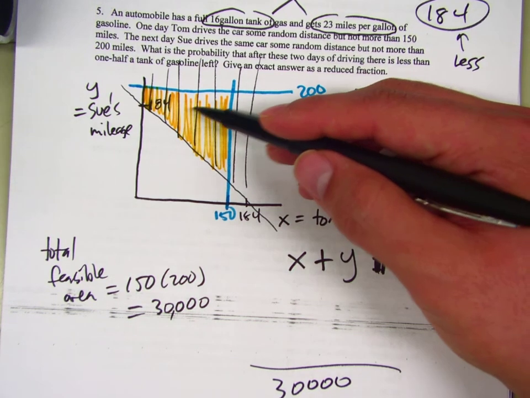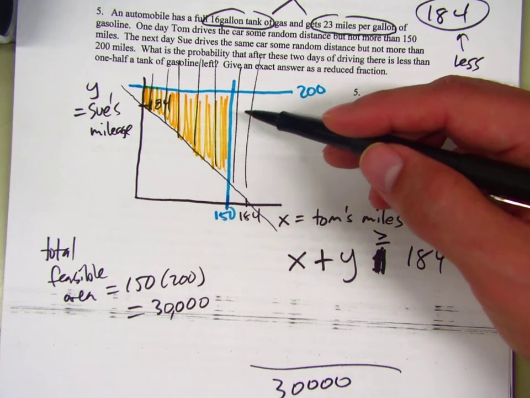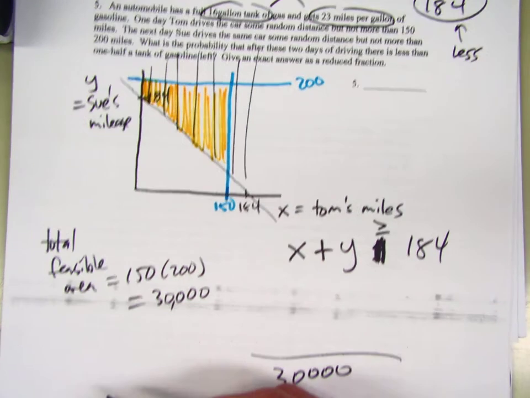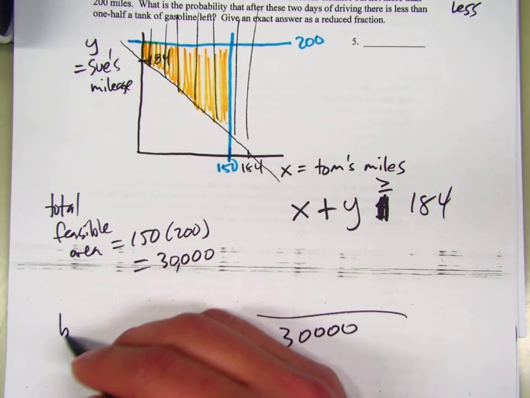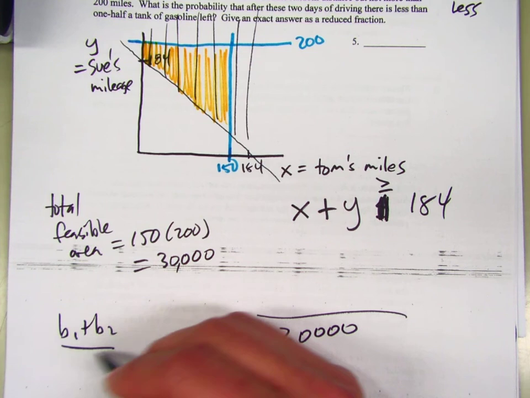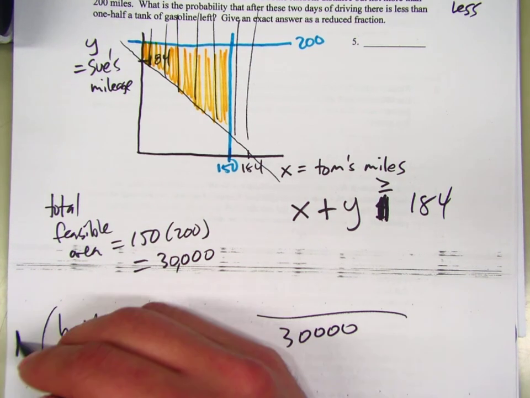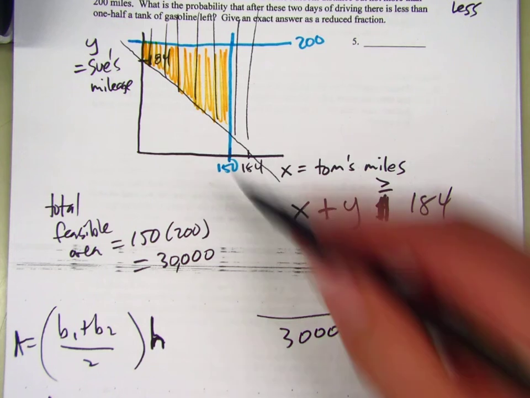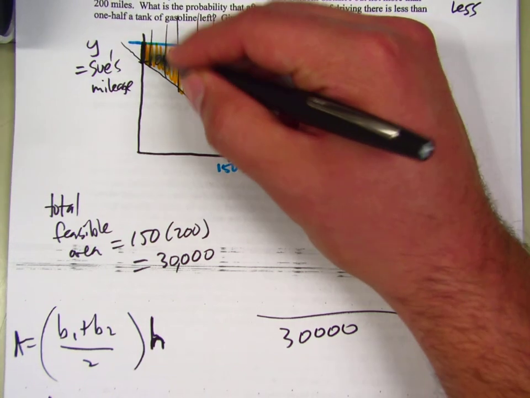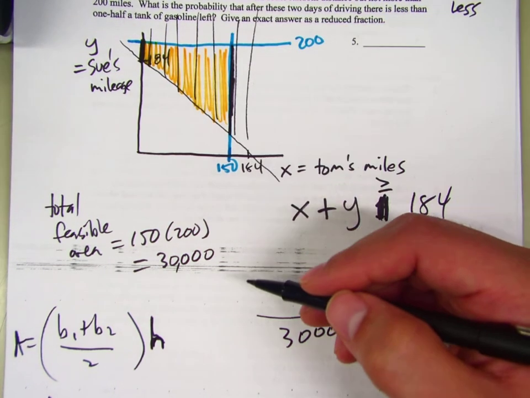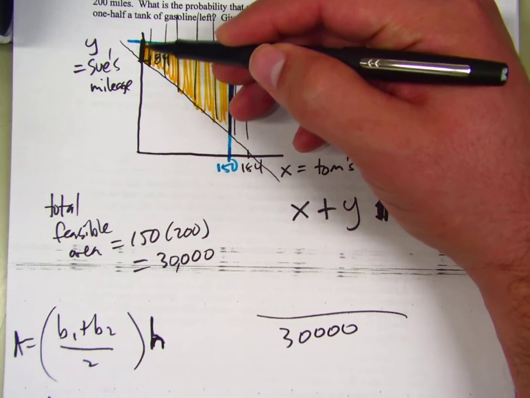Now my success area, the gold, we just have to find the area of that trapezoid. Do you guys remember the area formula for a trapezoid? Good. Well, base 1 is right here, and base 2 is right there, because the bases have to be parallel, right?